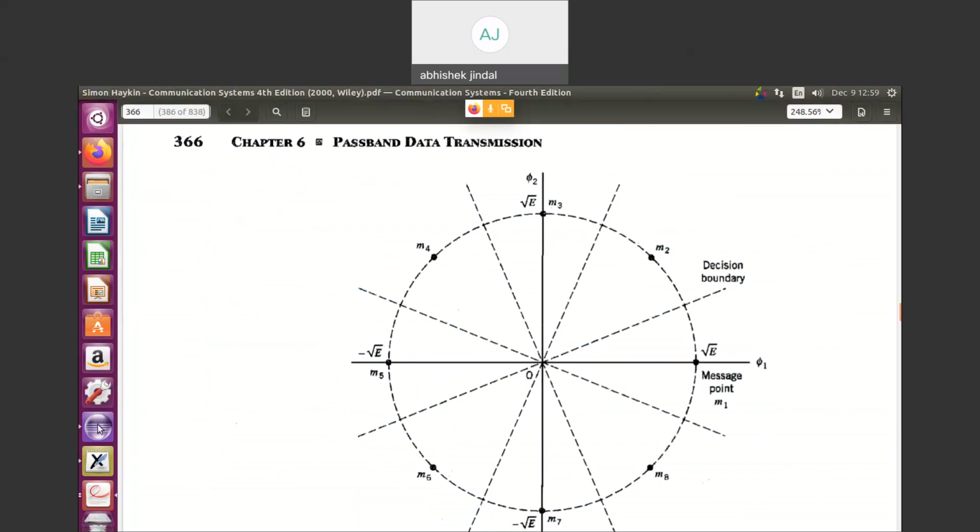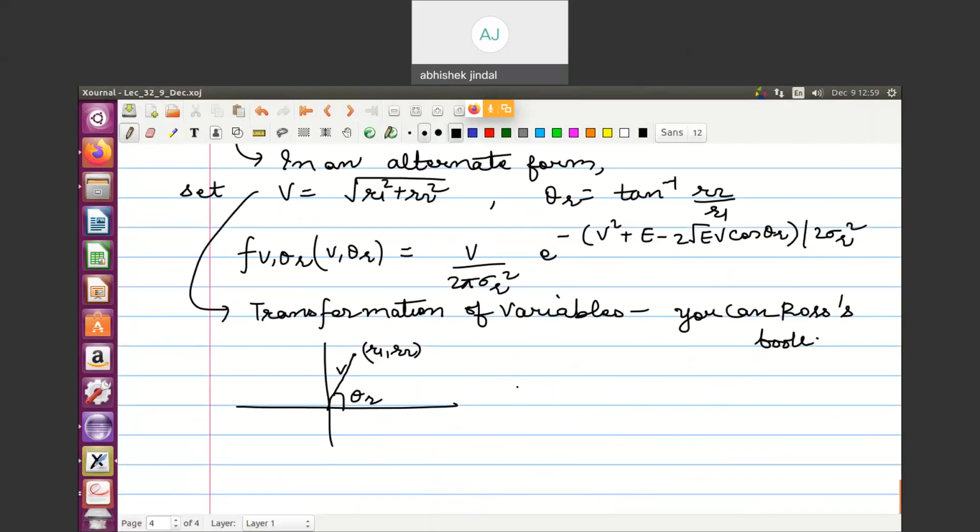It means that if I give you R1, R2, and I give you a chance to amplify it, amplify means I do this, a R1, a R2, what I am ultimately doing is increasing its magnitude. Will it change your probability of error?